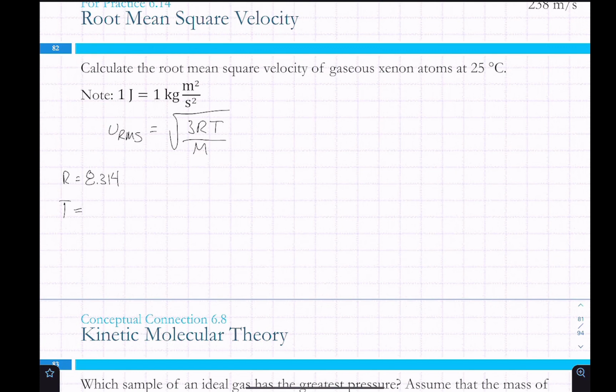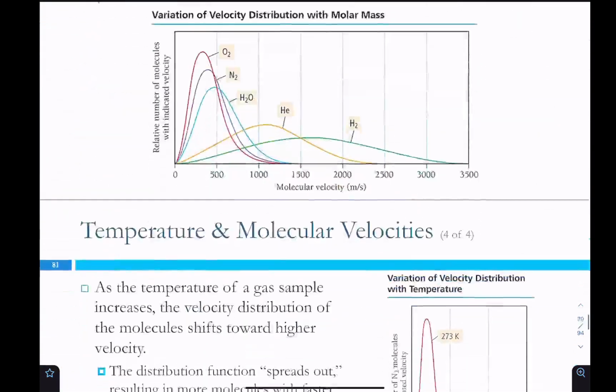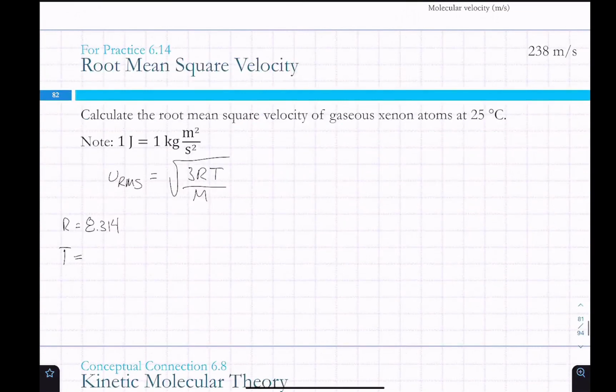So temperature here has to be in Kelvin, because R is in joules per mole Kelvin. Temperature is going to be 298.15.